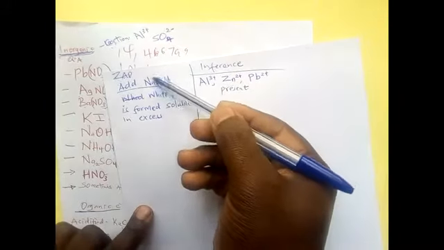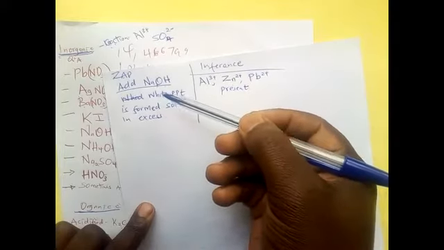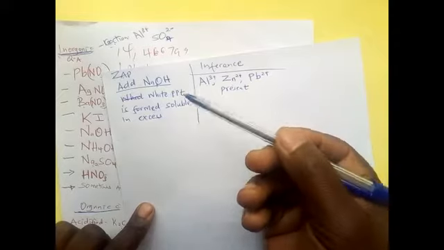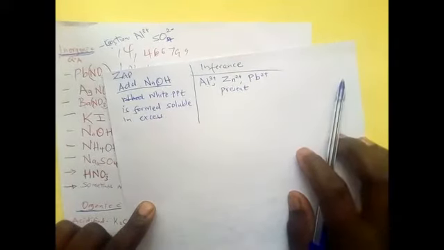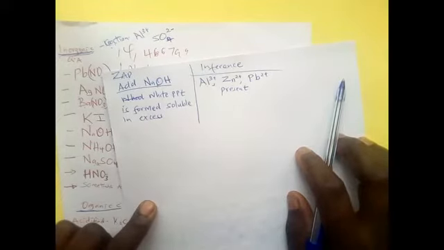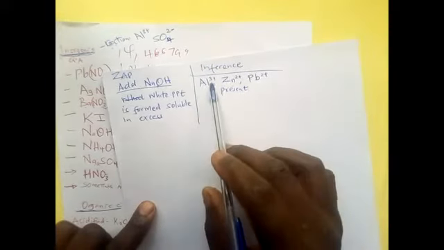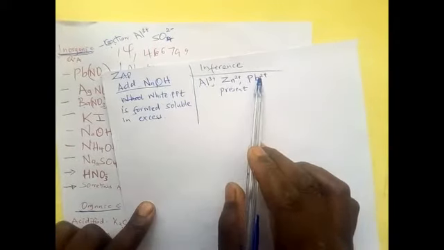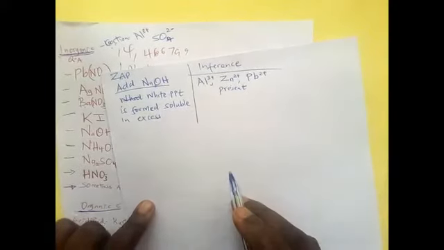Now we are adding a base into a solution we don't know, and this solution forms a white precipitate, which then dissolves to form a colorless solution. That is a neutralization reaction. So a base and an acid have reacted to form a colorless solution, which is water, right? So the amphoteric ions react with the base. They behave as an acid to neutralize it to form a colorless solution.